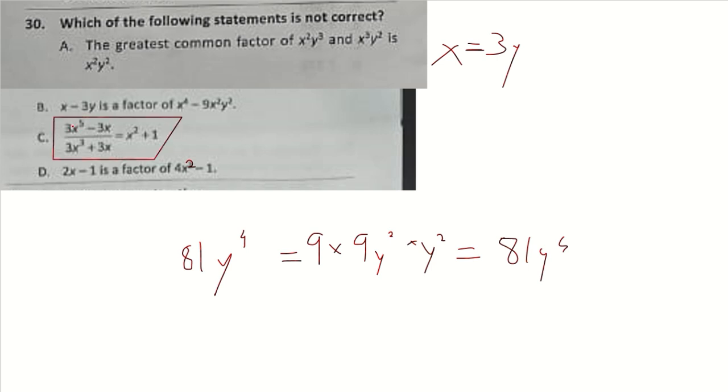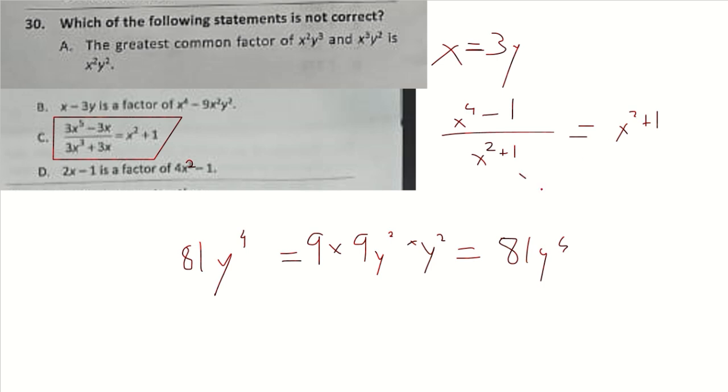And we see 3x power 5 minus 3x upon 3x power 3 plus 3x. When we take out 3x from both numerator and denominator and cancel it, we get x power 4 minus 1 upon x square plus 1 is equal to x square plus 1.